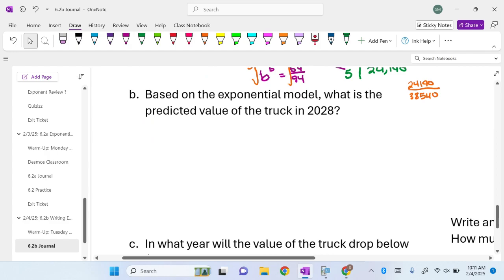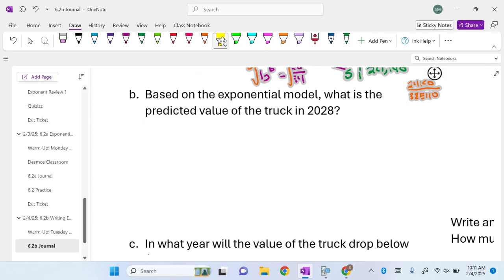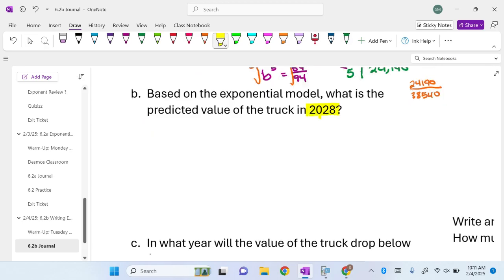Based on this exponential model, what is the predicted value for the truck in 2028? In other words, how much will the truck be worth in 2028? First off, if we're talking about 2028, would that represent an X value or a Y value? X, because we're talking about time or years, because 2028 is a year.